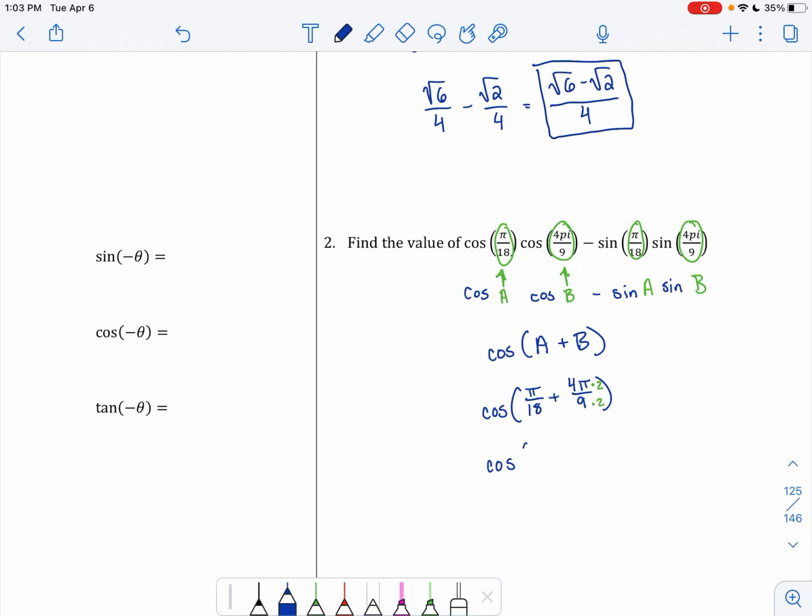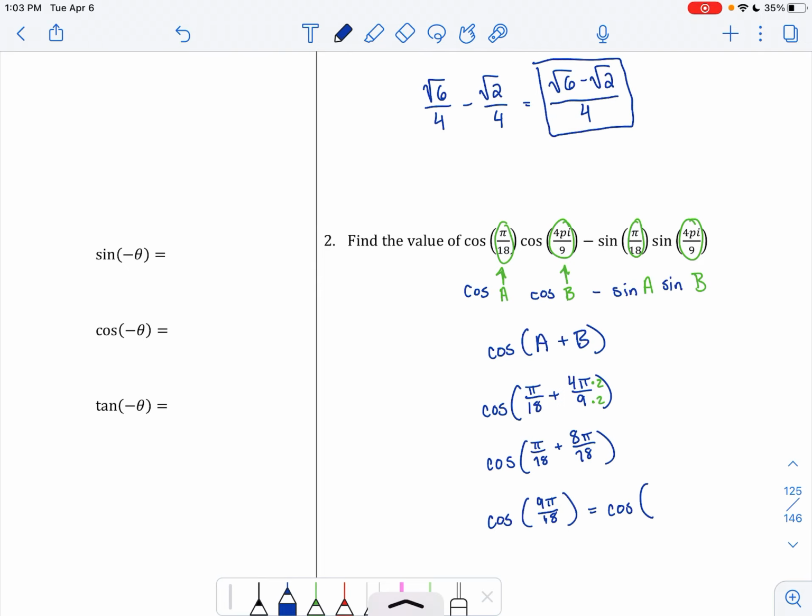Then I've got cosine of pi over 18 plus 8 pi over 18, which is cosine of 9 pi over 18, which, after we simplify it, is cosine of pi over 2. Now, pi over 2 is one of our nice unit circle values. If we draw the circle, pi over 2 is at 90 degrees, right up there at the top, which means its cosine value, the x value, is 0. So this whole long string just has a value of 0.